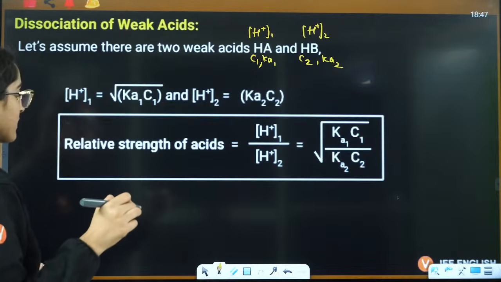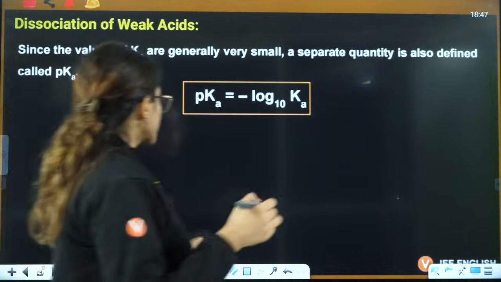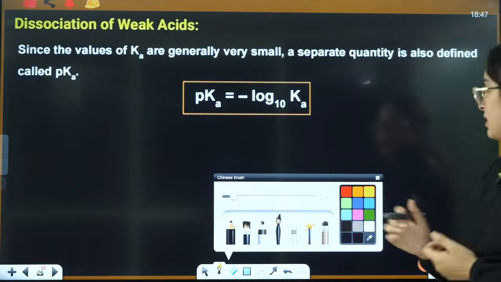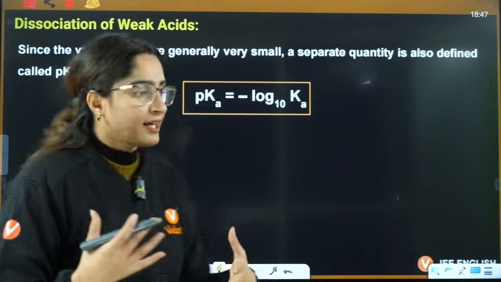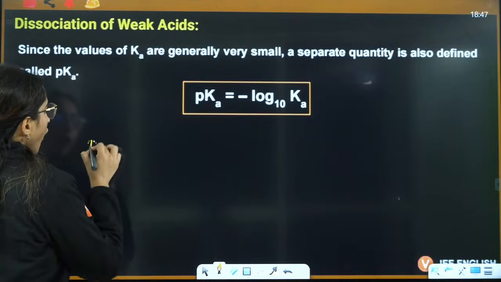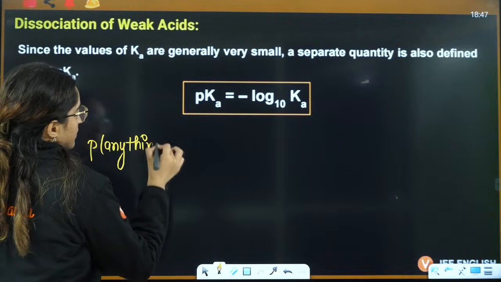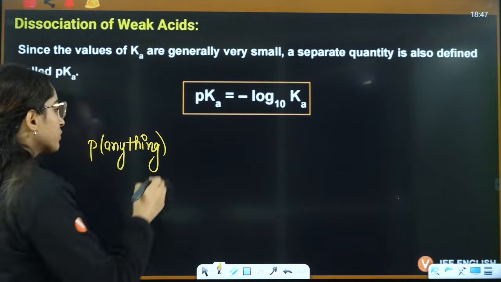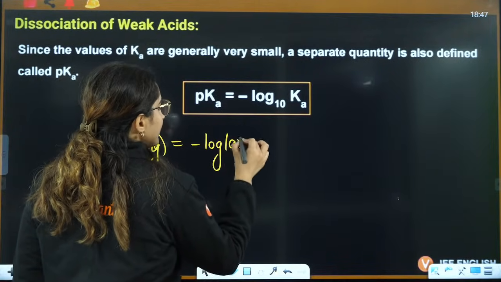Now let's see dissociation of weak acids. Now remember, pH of anything, this is applicable everywhere, that p of anything means anything. You put p of X, it will be equal to minus log of X. Whatever you put here, p of that is equal to minus log of that.